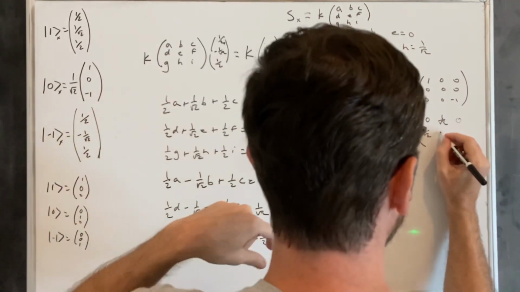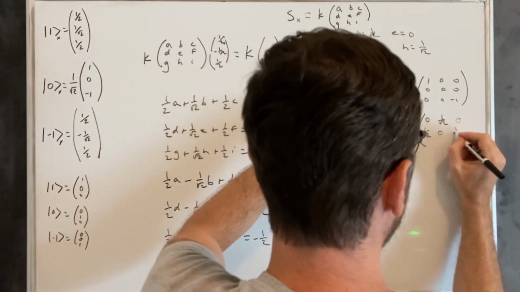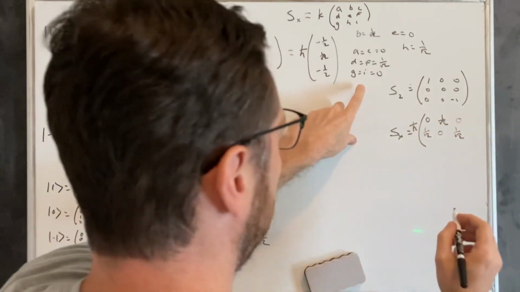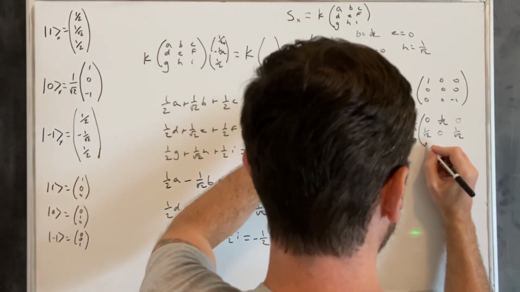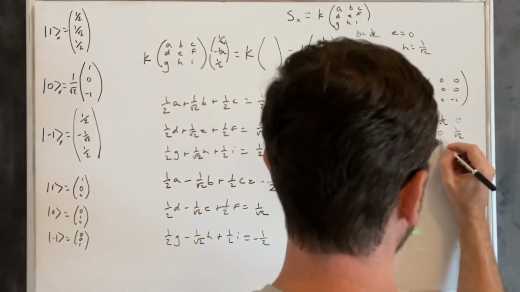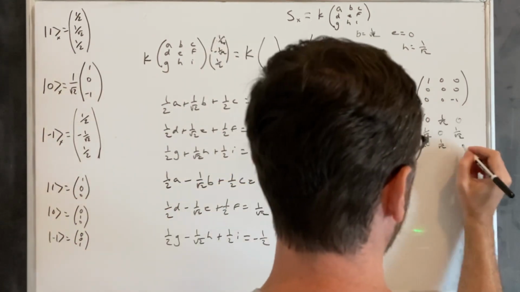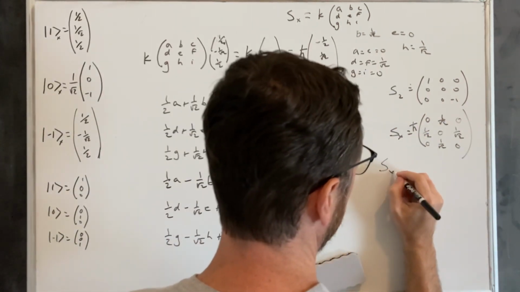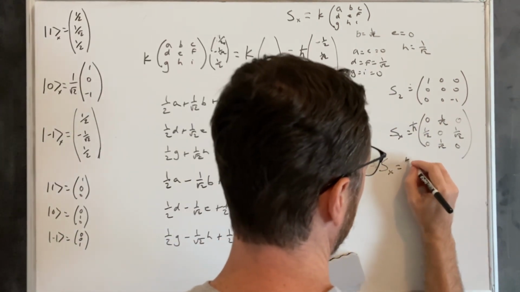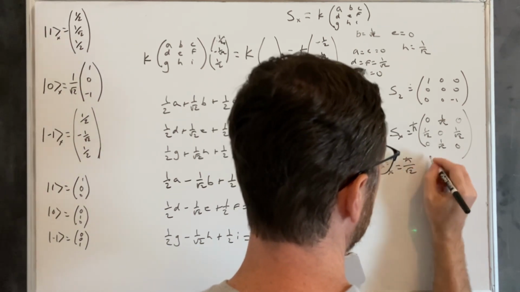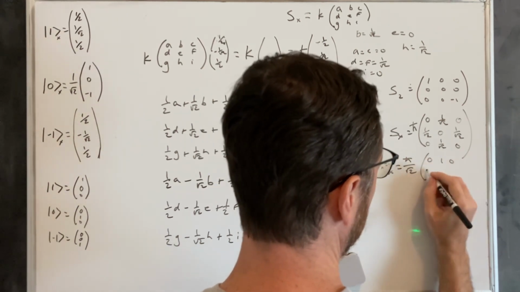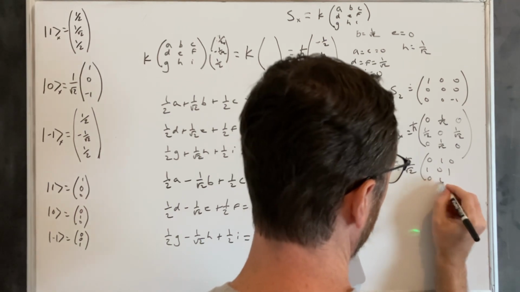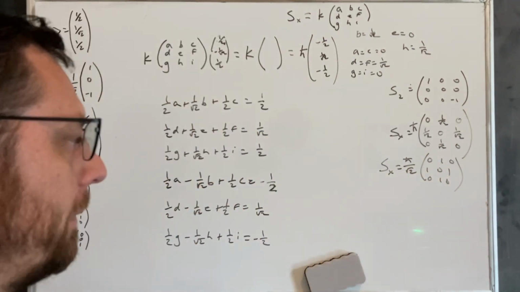E is 0. F is 1 over root 2. G is 0. H is 1 over root 2. And I is 0. And we can pull out the 1 over root 2. So then the simplified version would be h bar over root 2 times 0, 1, 0, 1, 0, 1, 0, 1, 0. So that's how that came about.